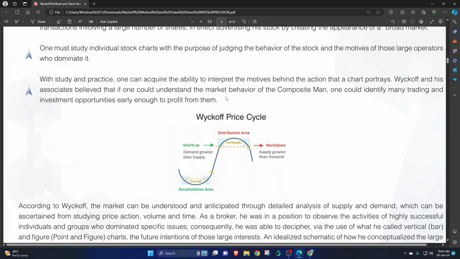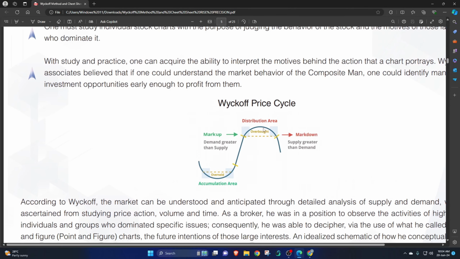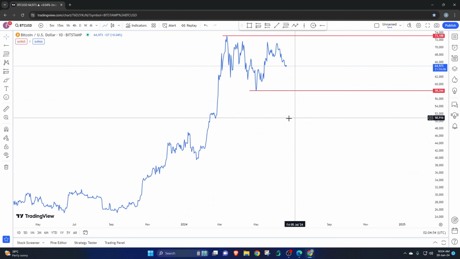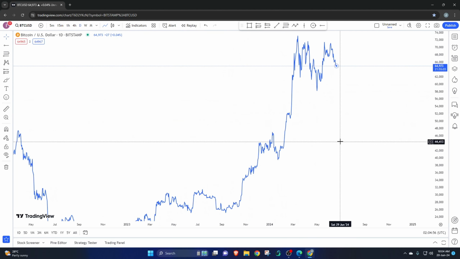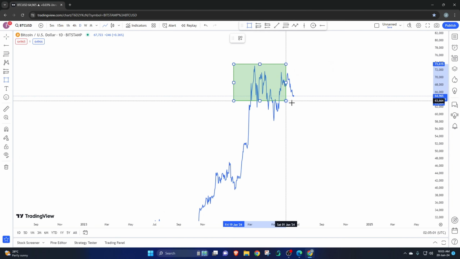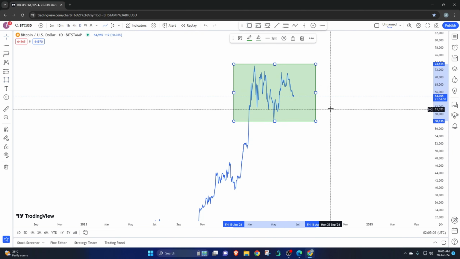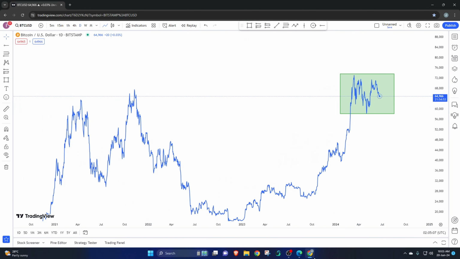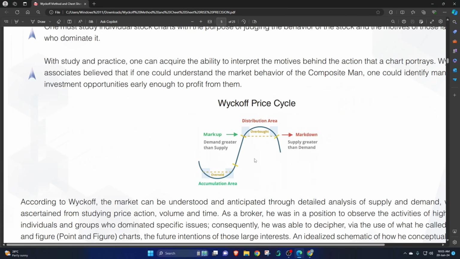All right, let's zoom in a bit. If you look back at Bitcoin, Bitcoin is currently in a distribution area. Distribution happens at the top.